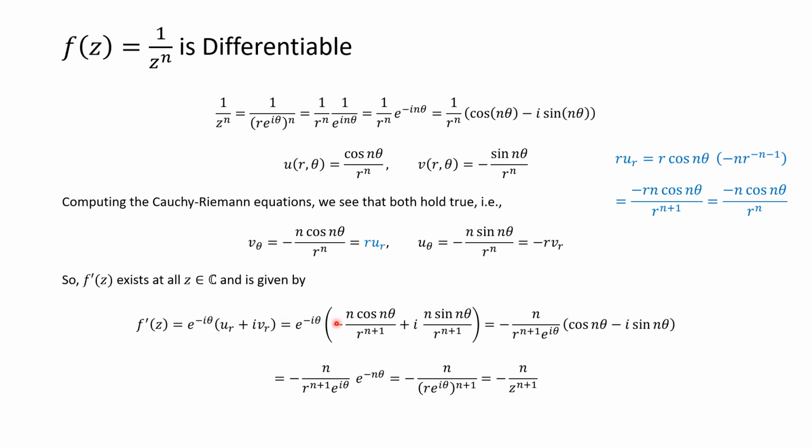You can bring the e to the i theta down into the denominator. Then what's left is actually e to the minus i n theta, from Euler's formula. E to the minus i n theta you can bring into the denominator. So this becomes e to the i theta to the power n plus 1. So both of these terms in the denominator are raised to the n plus 1 power. And then you can resubstitute z for r e to the i theta, and you get minus n over z to the n plus 1.